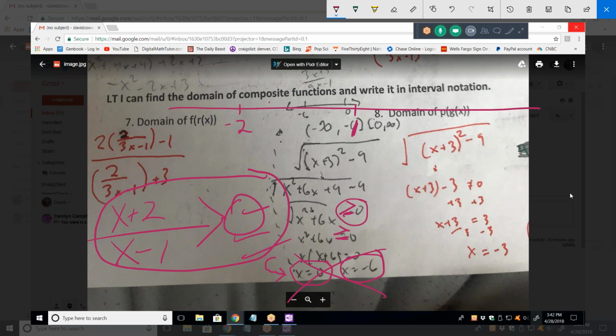It does not belong. The only thing I want to know is what happens to the left of -2. Well, if I plug in -3 here, it's positive. What happens between -2 and 1? Well, if I plug in 0, it's negative. Now what happens to the right of 1? It's positive.